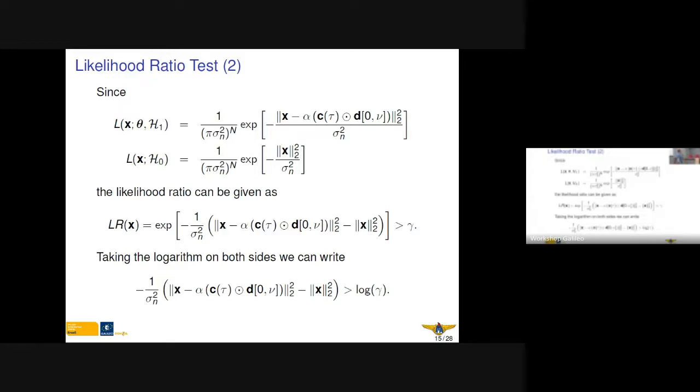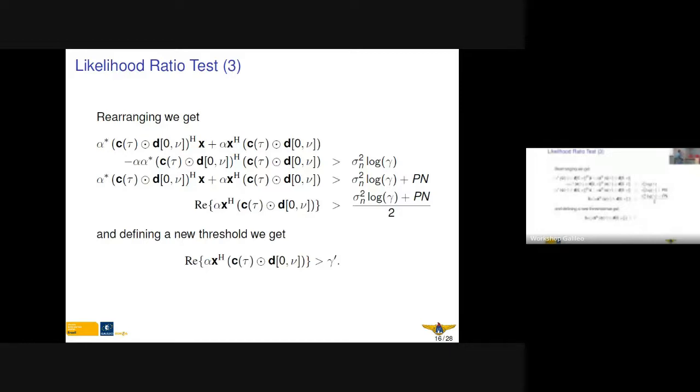When we now apply the logarithm on both sides, we get on the left-hand side the argument of the exponential function, and on the right-hand side the logarithm of the threshold. We can further expand and rearrange this problem. For example, we can multiply on both sides with sigma_n squared.